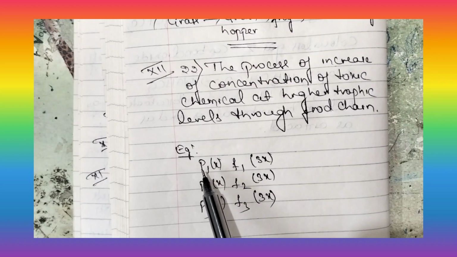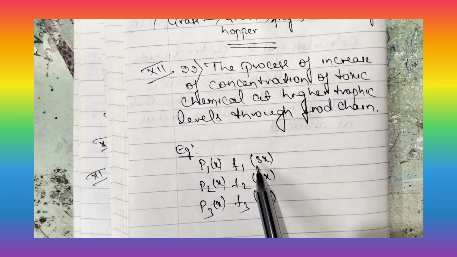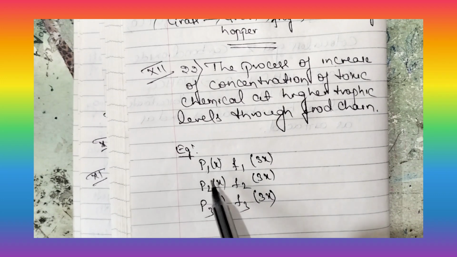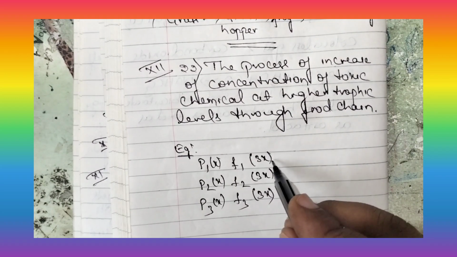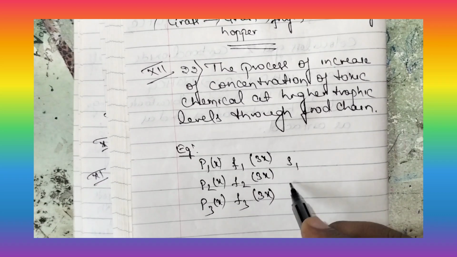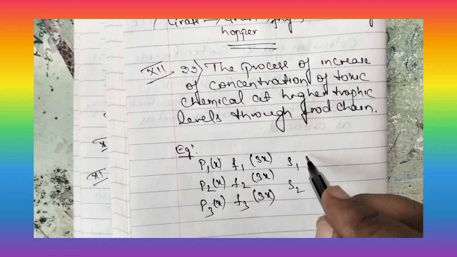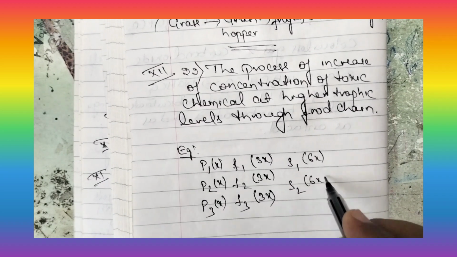That plant will be eaten by three frogs, and each frog will get 3x quantity of DDT. Then from first level to second level, the concentration of DDT increased, and these three frogs will be eaten by two snakes, and hence each snake will get 6x quantity of DDT.